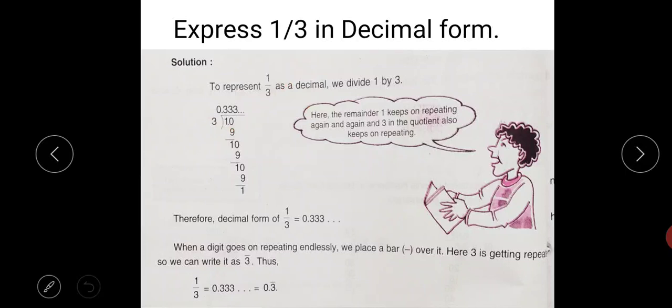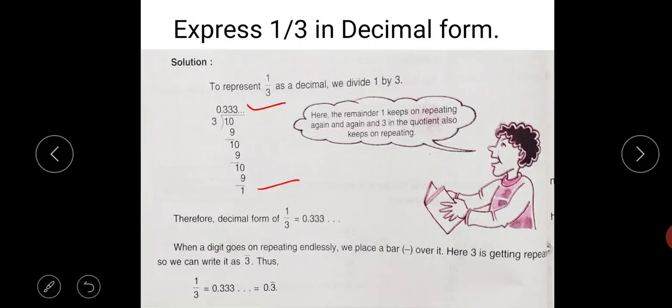Now non-terminating decimals. Express 1/3 in decimal form. To represent 1/3 in decimal, we divide 1 by 3, and when we divide 1 by 3, you can see remainder 1 repeats again and again and 3 repeats in the quotient.